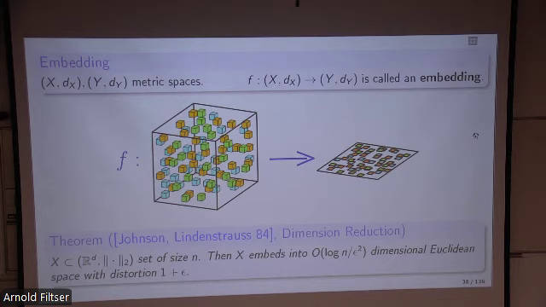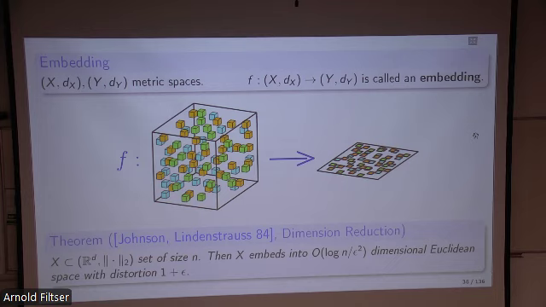Clear? So this one is a super useful metric embedding by Johnson and Lindenstrauss. This is from Euclidean space to Euclidean space, but from a high dimensional Euclidean space to a lower one. And what they show is that given n points in Euclidean space, the dimension could be basically unbounded, but basically from stuff you saw in linear algebra, you can always reduce to dimension n-1, by Gram-Schmidt.